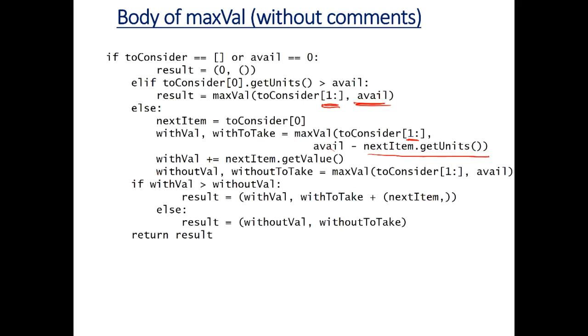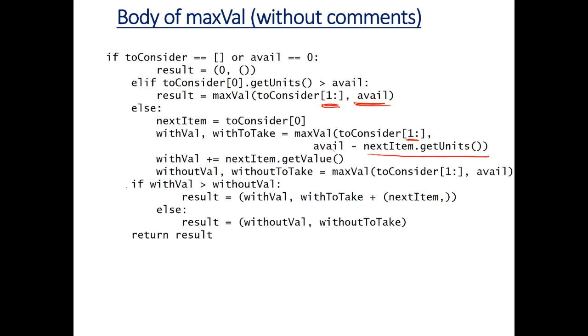The next line is without val, the value if we don't take the item, and without to take. Again, we'll look at max val of to consider minus the first item and available, because we haven't taken it. So it doesn't change what's available, it doesn't change the value.